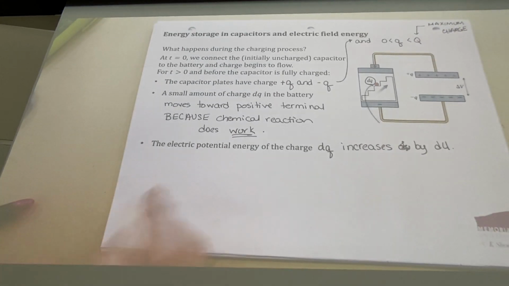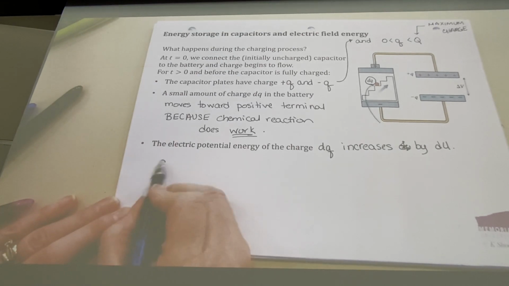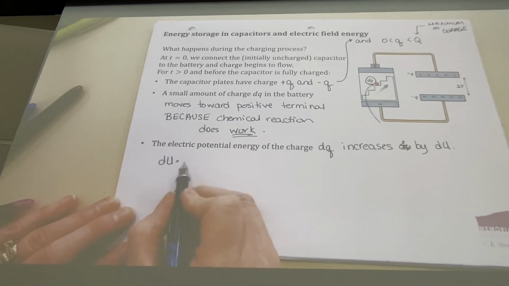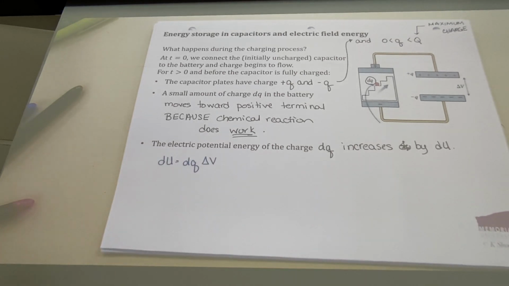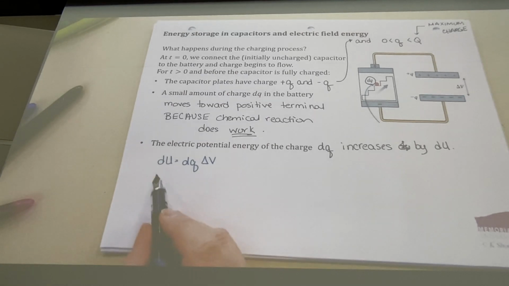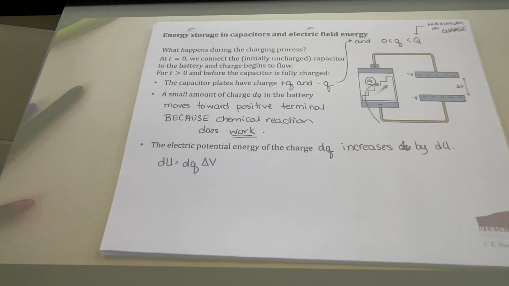This amount of energy dU, so electric potential energy, is the amount of charge dq times the potential difference through which it was moved. So that's U equals q delta V that we did in the previous chapter. This time it's just a little bit of energy, the little bit of charge times the potential difference.